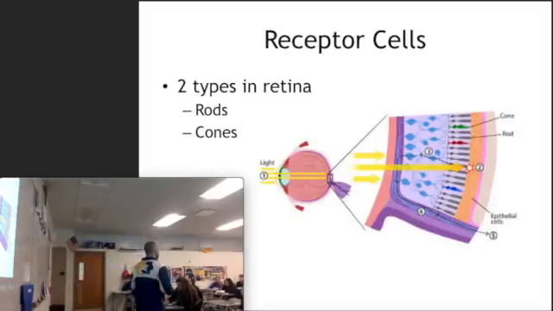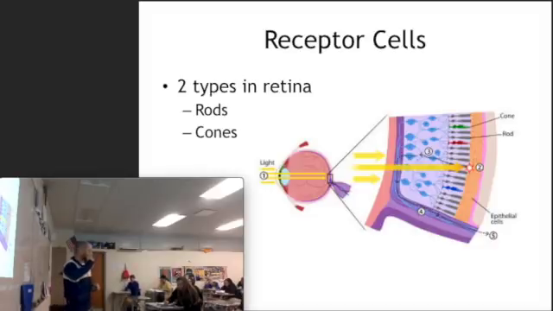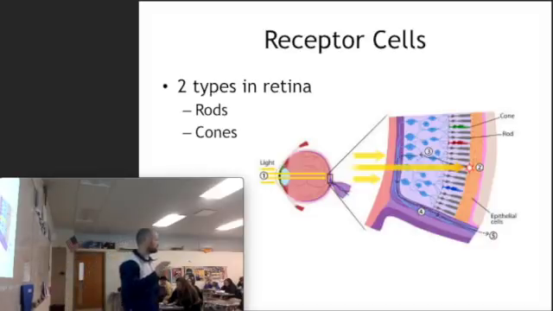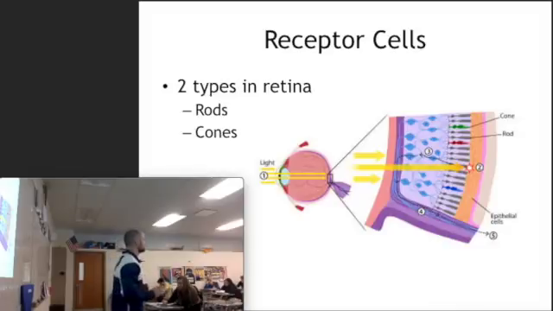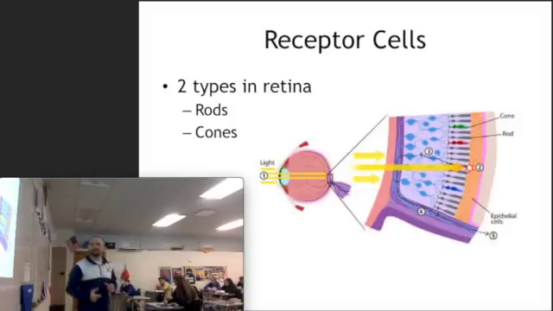Okay, on the retina, we talked about the retina. We know it's on the back of the eyeball. There are something like 16 layers to the retina, a lot of them. But we are going to focus on just two cells that make up the bulk of those layers, and that is rods and cones. Each type of cell does something different.